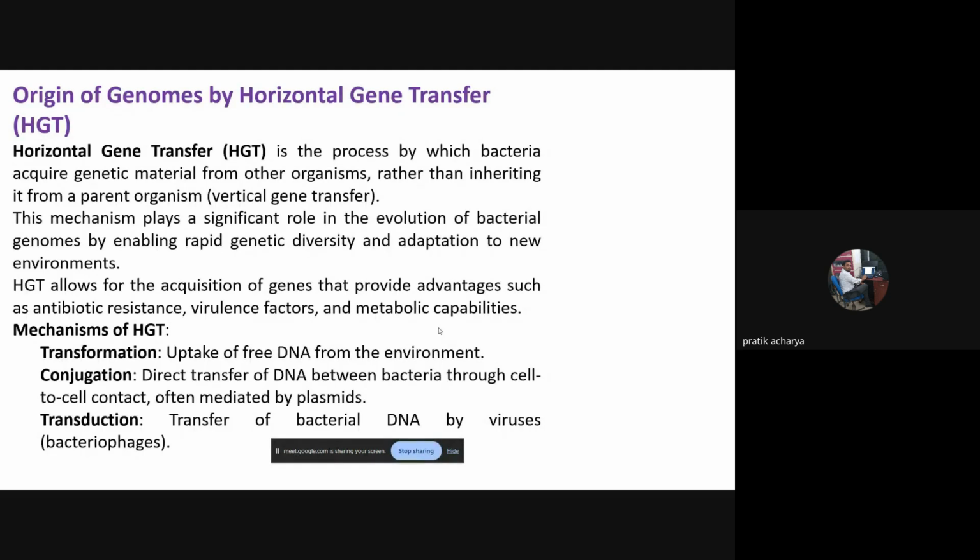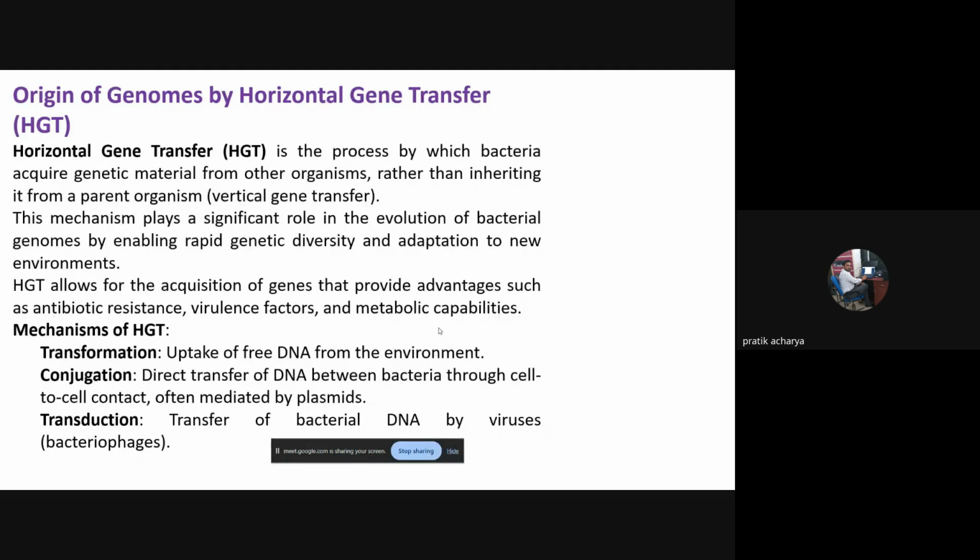In yesterday's class, we discussed horizontal gene transfer. By this process, the bacteria acquire genetic material from other organisms rather than inheriting it from a parent organism. Yesterday, I explained what is vertical gene transfer and what is horizontal gene transfer.